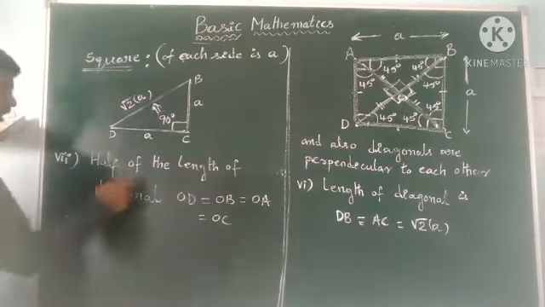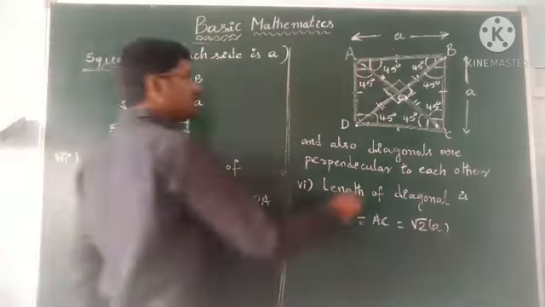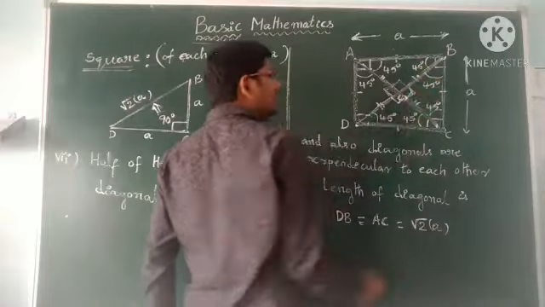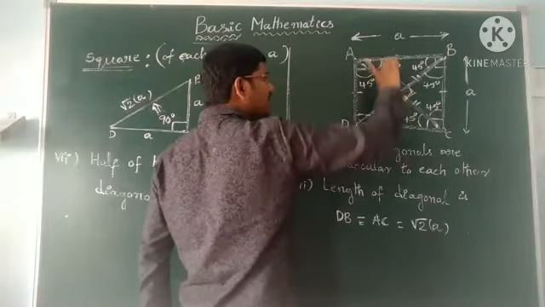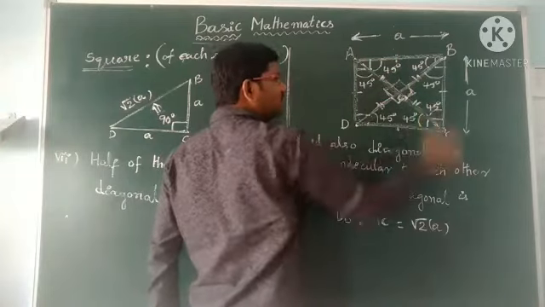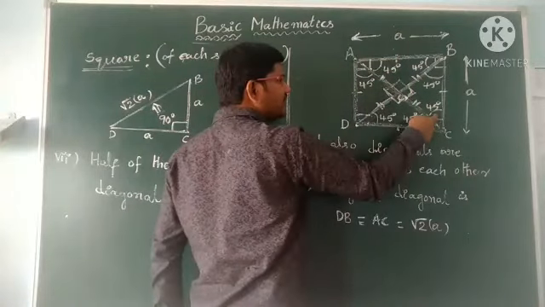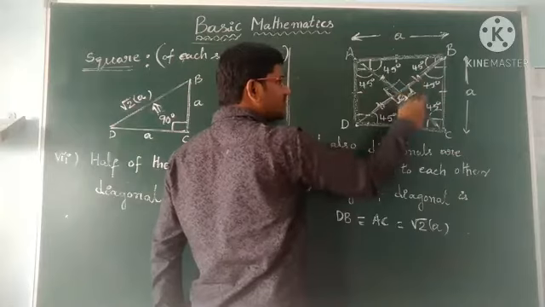So half of the length of the diagonal, because you know these two parts are equal in length, these two parts are equal and these two parts are also equal, and all these are equal, because 45 degrees, 45 degrees, these two sides are equal.